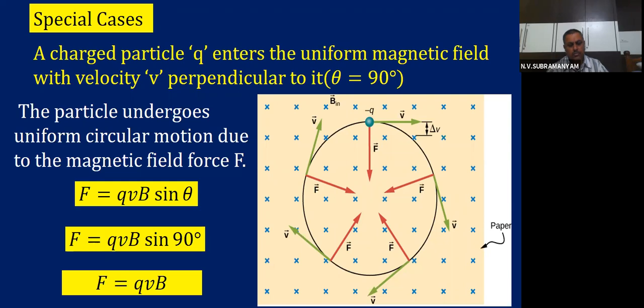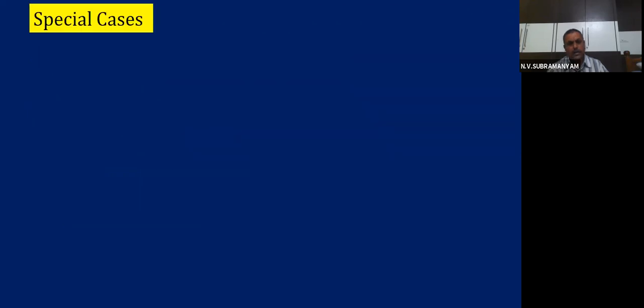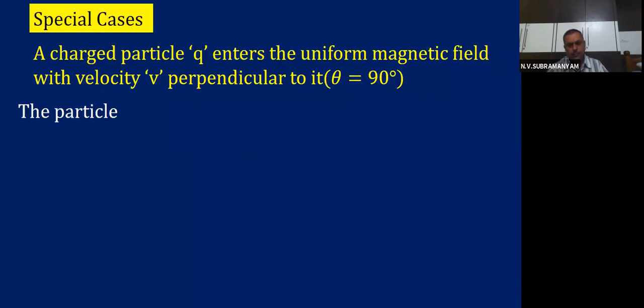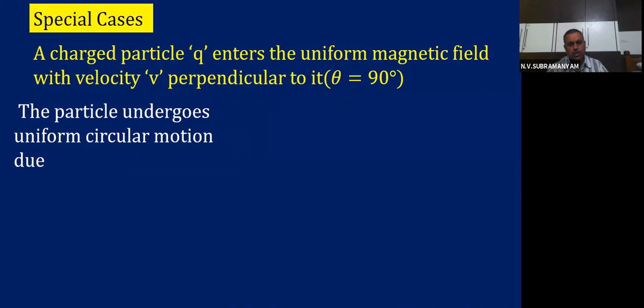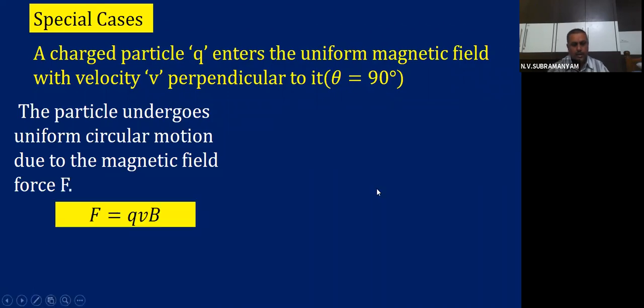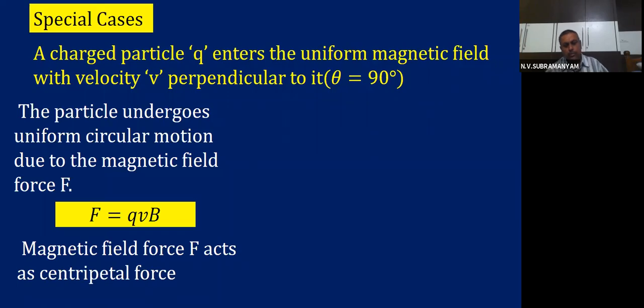So F is what? QVB. Sin 90 value is how much? 1. And continuing with that, the particle undergoes uniform circular motion due to the magnetic field force, and F is QVB. This magnetic field force acts as what type of force, children? Magnetic field force is acting as centripetal force.